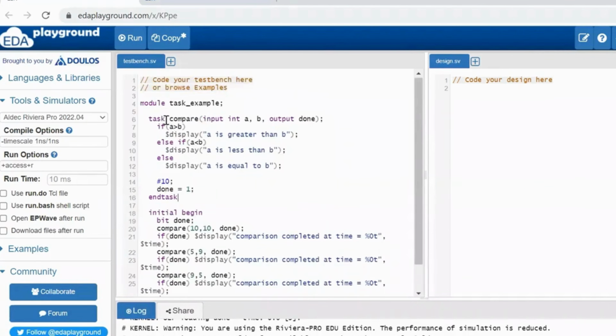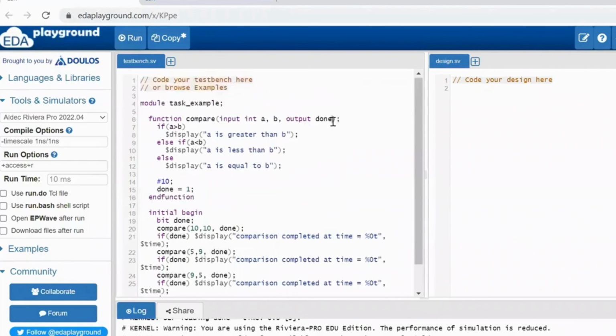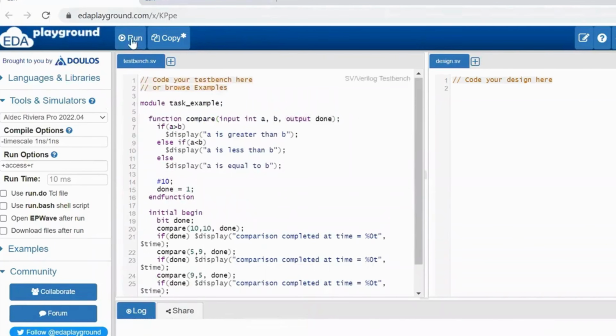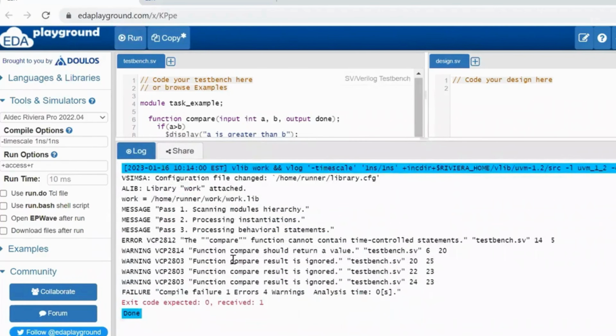But suppose I put function in place of task. I am putting function, endfunction. So what will we get? We will get an error, because one thing, we cannot pass the output argument in the function. That is one error we will get, and also for time. A function compare should return a value, it will just return a value.